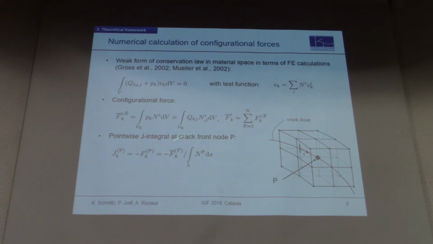So we have these configurational forces at one point P of the crack front, and we divide it by this term here, which is the interpolation function for that point integrated over a specific length, which is the element edge length at the crack front.